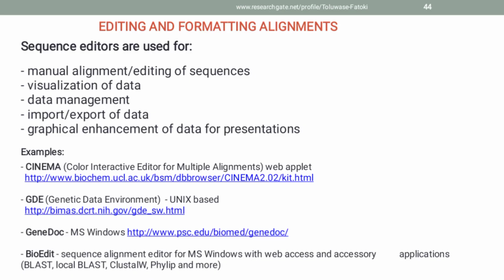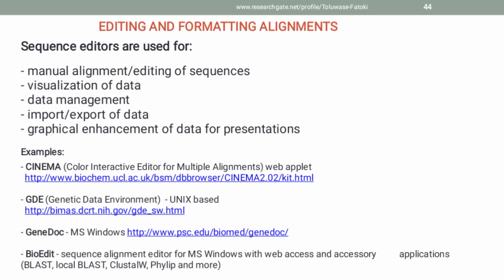Sometimes you have to look over the alignment results and input your own insight as a human being into the results, or based on your area of interest. Maybe you want to delete a particular amino acid from the sequence and see its effect on the alignment. So you can edit your alignment manually.